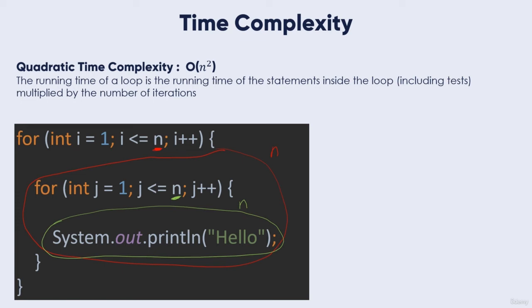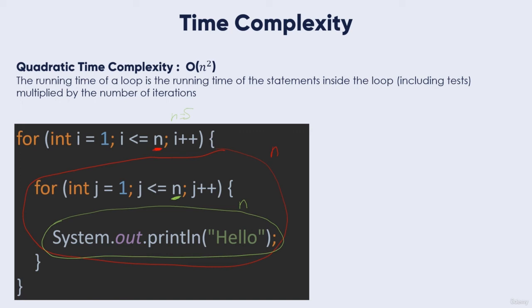So this will be printing if we are entering 5 here, n equal to 5. I will loop 5 times this loop. And this will also print hello 5 times every time it is executed.